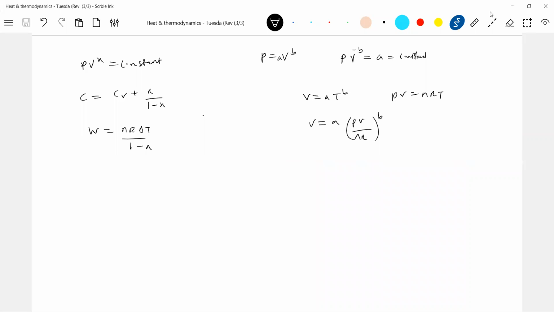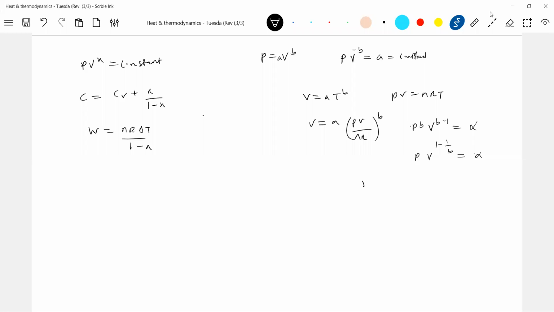Okay, so I'm writing T as PV by nR. This will be P to the power of B, V to the power of B minus 1, equal to some constant alpha. So this will become V to the power 1 minus 1 by B. Is it okay, no?